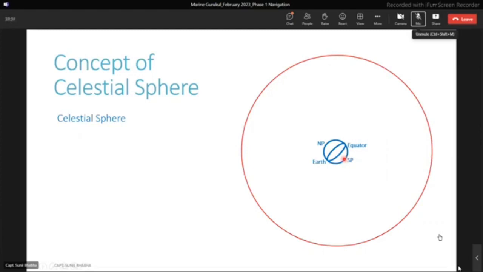Now we know that the Earth rotates on its axis, completing one rotation in 24 hours. This axis passes through the poles, the North Pole and the South Pole. Let us mark this axis of the Earth in this diagram, and let us extend this axis to the celestial sphere.